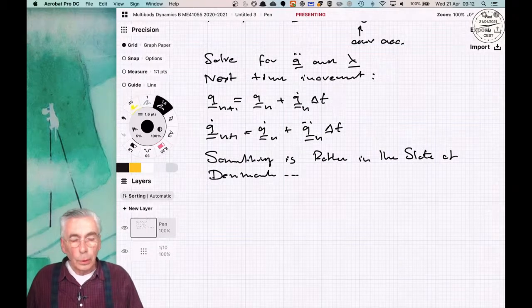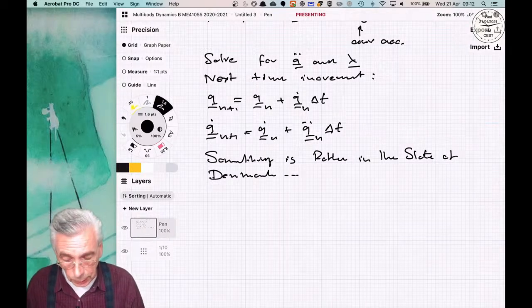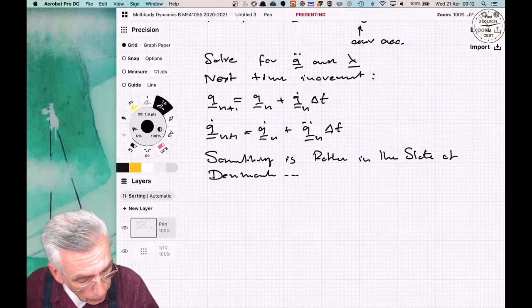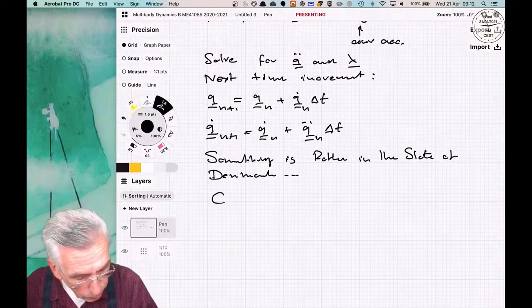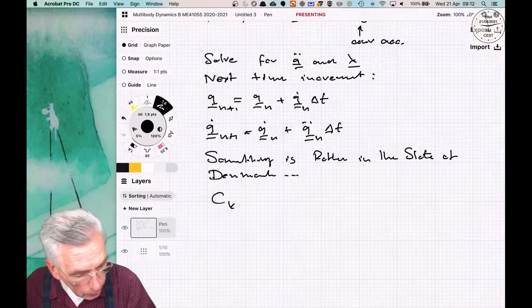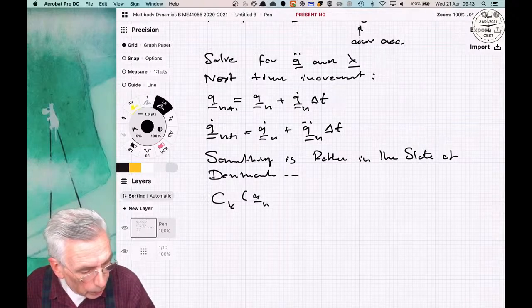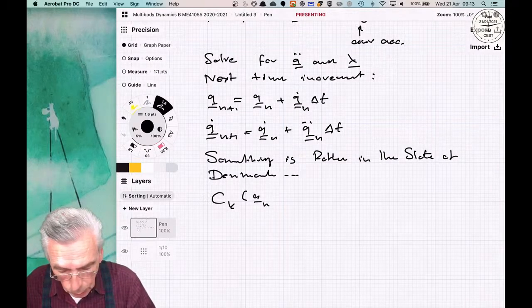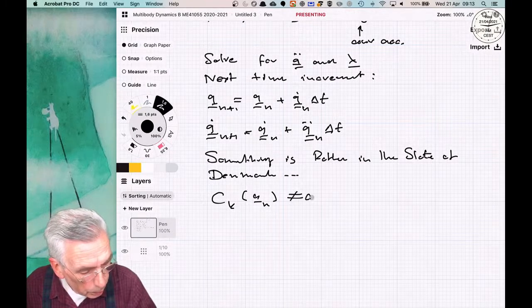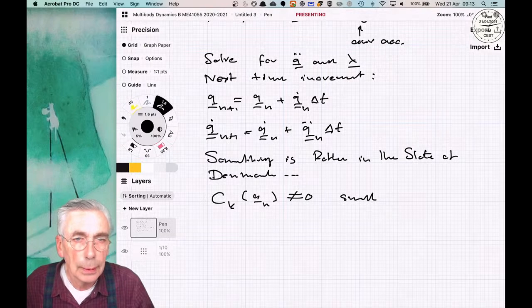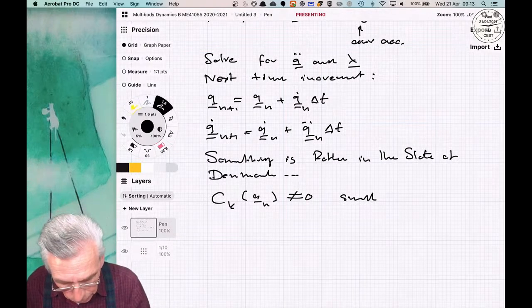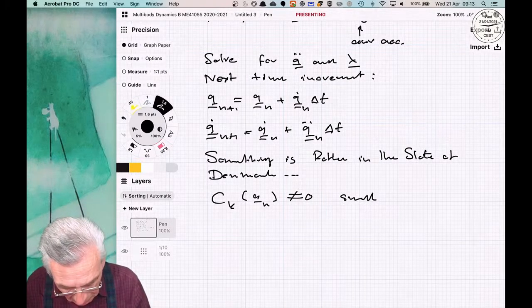Well, if we now look at these coordinates and these speeds, you will see they will not fulfill the constraints. So if we calculate the constraint C of this Q n, then you will see they will not be 0. Small, probably, but not 0. And likewise, if we do that with the velocities.